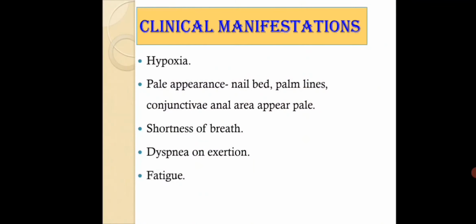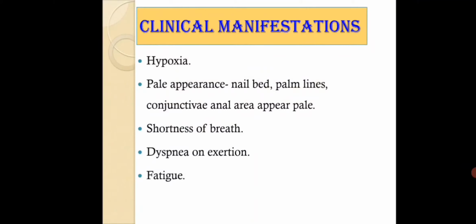Next are the clinical manifestations, or signs and symptoms, of anemia. The first and important feature is hypoxia, decreased oxygen level in the blood, again because of decreased hemoglobin level. Pale appearance: the nail beds are pale, the palm lines are pale, the conjunctiva, we can see paleness all over these parts.